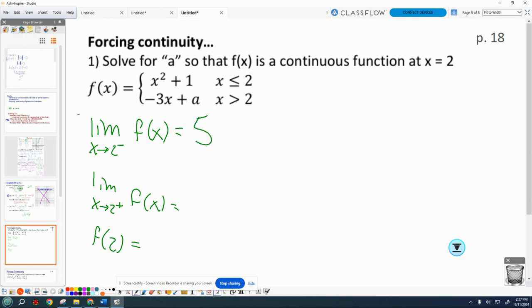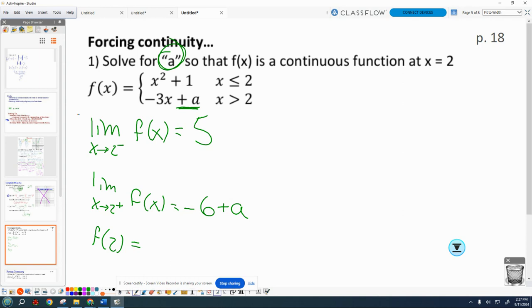Okay, from the right, the right is the bottom equation. Plugging in 2 for x, and x only, what comes out? -6. What do I do with this plus a? It's still there. It's the thing I need to figure out. What does the value of that a have to be so that they glue together?